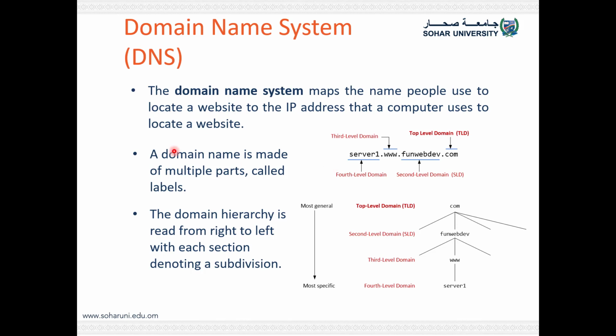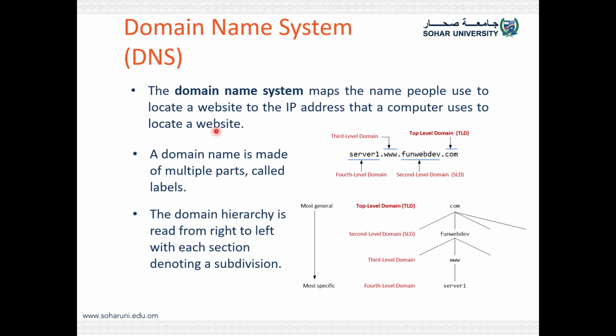Before that, we need to know the meaning of the domain name system, which simply maps the name people use to locate a website to the IP address that the computer uses to locate a website. For example, to access any website, we are not using the IP address. We are using the name of that website, for example, www.google.com. This is what we call a domain name.